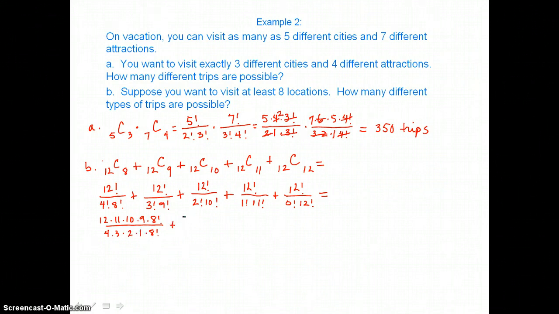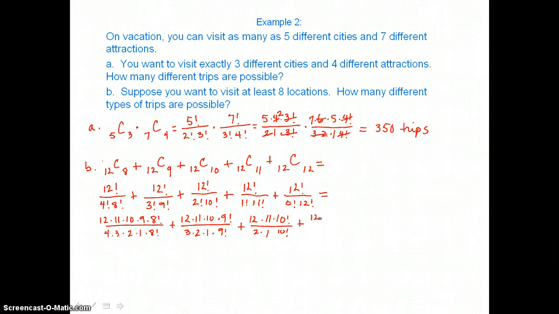Okay, in the second term, 12 times 11 times 10 times 9 factorial over that 9 factorial. And 3 factorial is 3 times 2 times 1. Okay, third term, 12 times 11 times 10 factorial divided by 10 factorial and 2 factorial, 2 times 1.